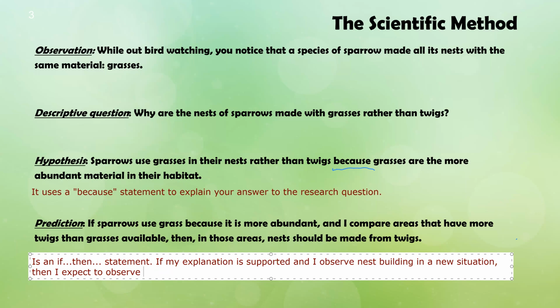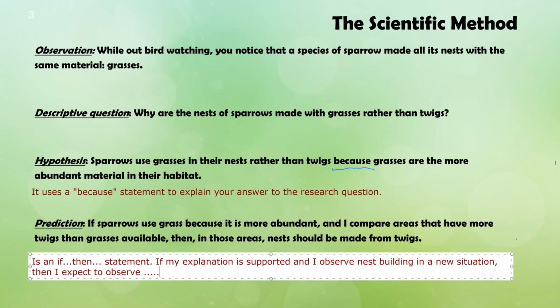So if my explanation is supported, that sparrows use grass because it is more abundant, and I observe nest building in a new situation, right? Now there's more twigs, then I expect to observe nests with twigs.